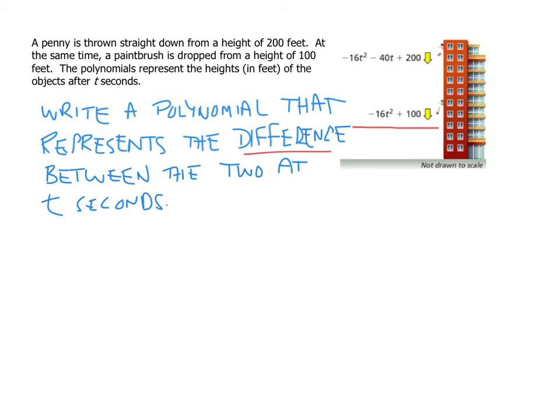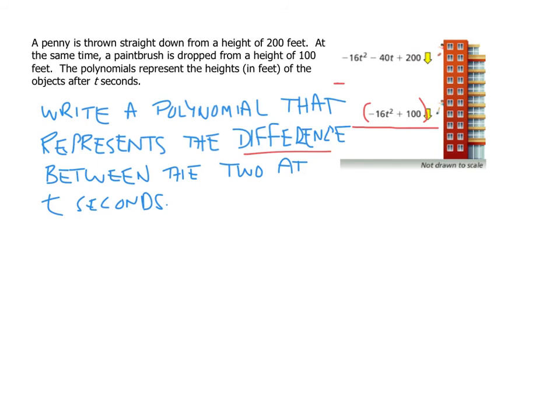So if I just drew a line here, thinking subtract. This is another one you got to be careful of. We're thinking of this as subtracting the second one from the first one. So negative 16t squared minus negative 16t squared becomes negative 16t squared plus positive 16t squared.